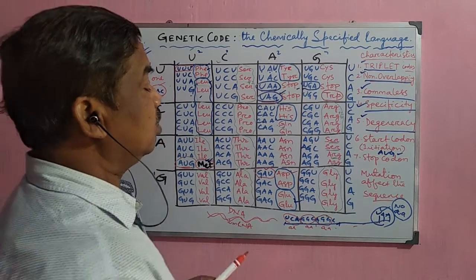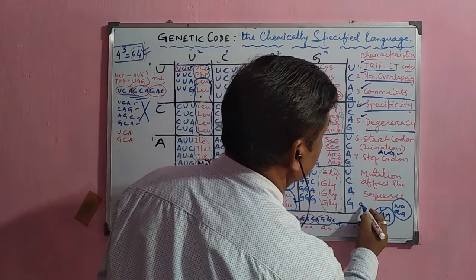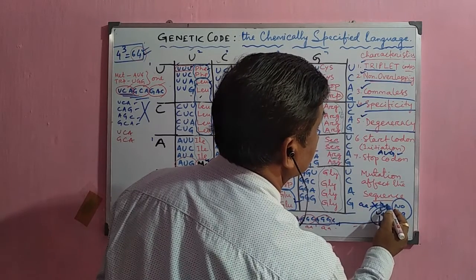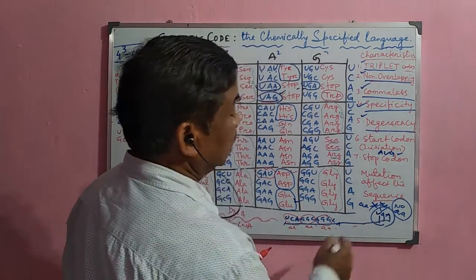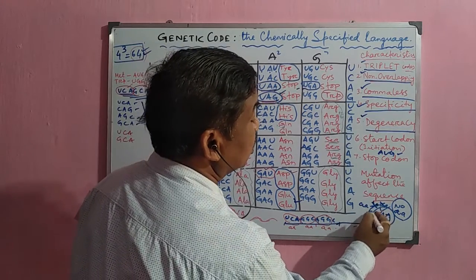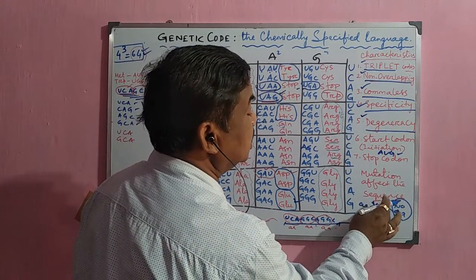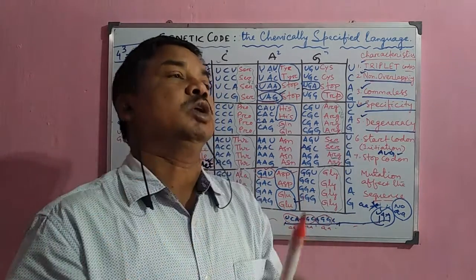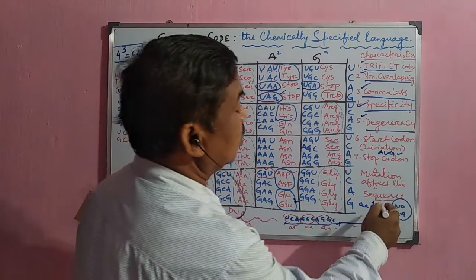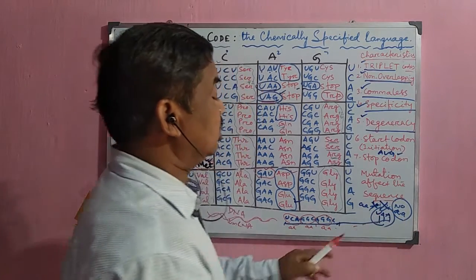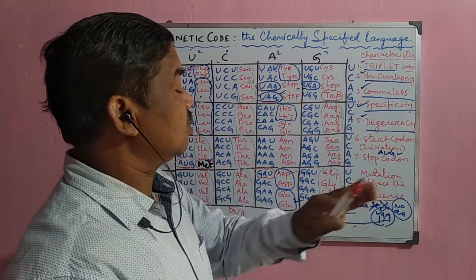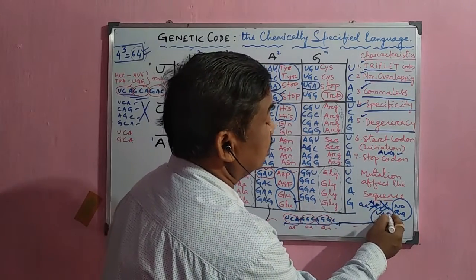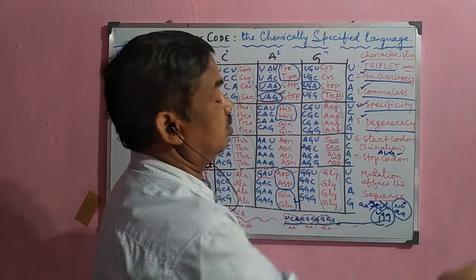So automatically the previous amino acid will not be linked by the polypeptide chain with anything, because there is no amino acid to link to. This stop codon does not code for any amino acid, so the chain automatically terminates here, and the previous amino acid is not linked with a next amino acid.